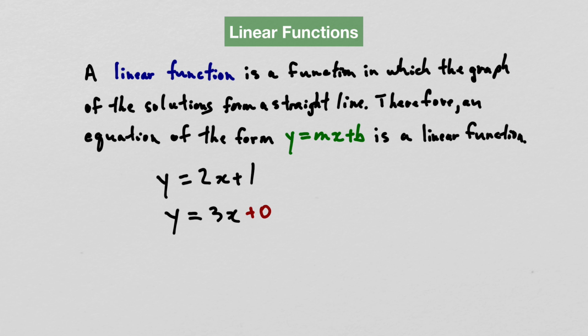And this is also a linear function: y is equal to 1/4 x minus 4. That's also in the form of mx plus b. In this case, b is negative. So whenever you see an equation in this form, y equals some m times x plus some other number, that is called a linear function.